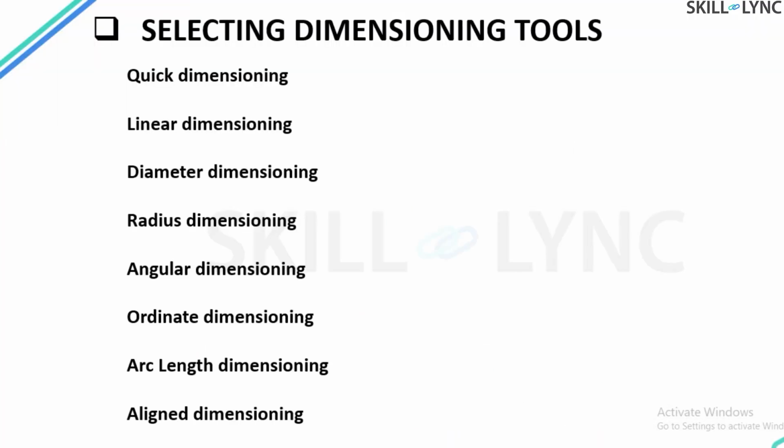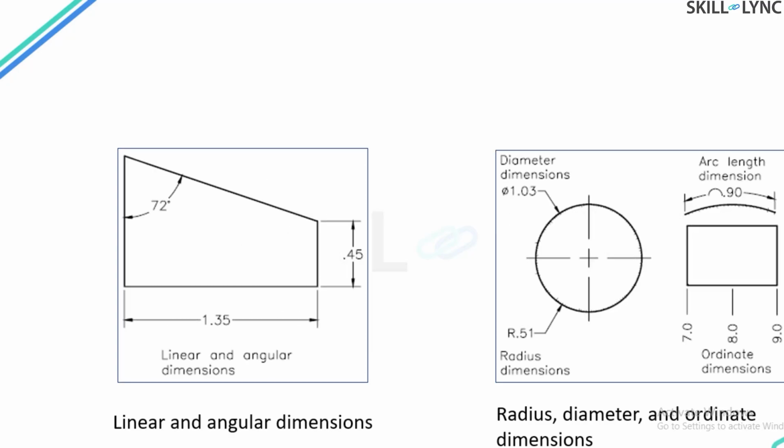Now let's do a quick revision of what we did. Selecting the dimension tool, we talked about linear dimension, diameter dimension, radius dimension, angular dimension, ordinate dimension. We'll do the quick dimensioning later on, and the jogged dimensioning. So now you can see the linear dimensions and the angular dimensions.